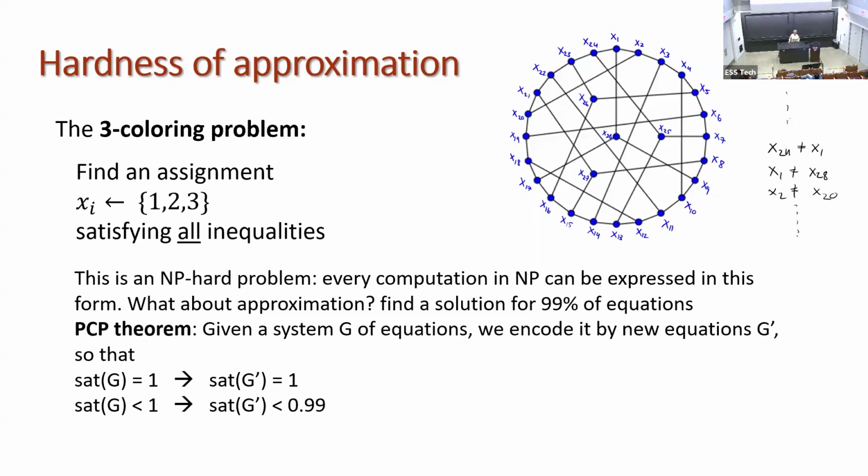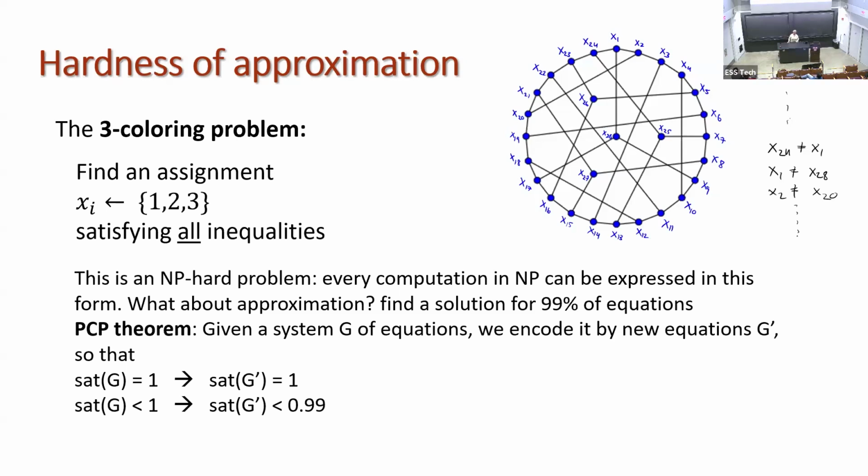It's a kind of encoding. It doesn't encode just bits into bits. It encodes equations into equations, something like that. Just like before in the error correcting code setting, we encoded a message into an encoding and we could tolerate some amount of errors. Here we're encoding equations into a new system of equations.